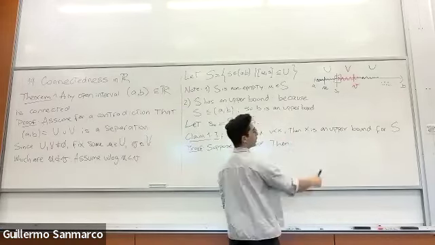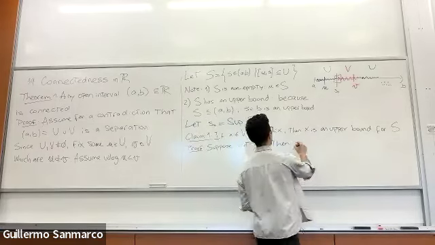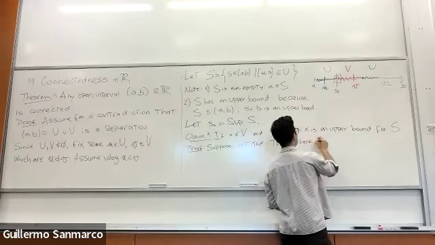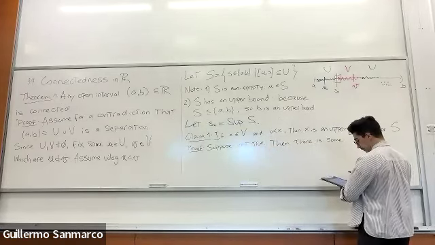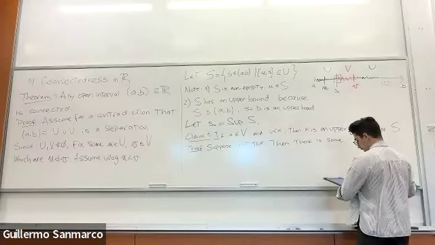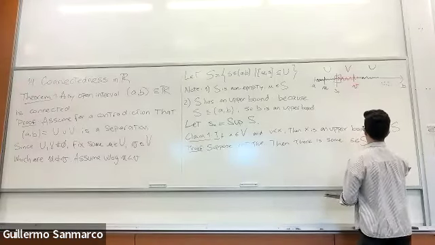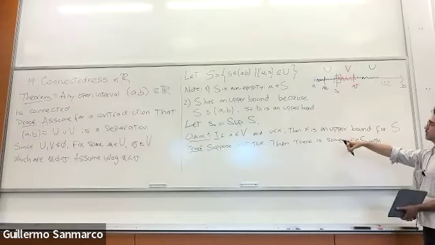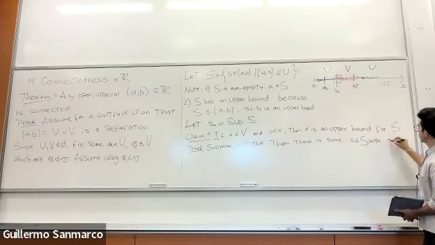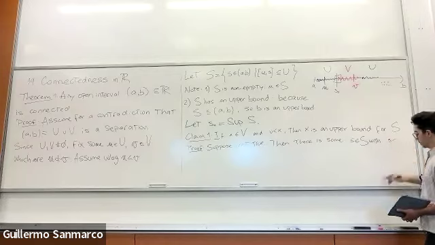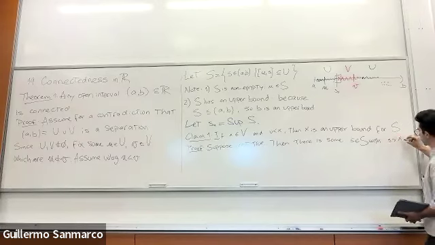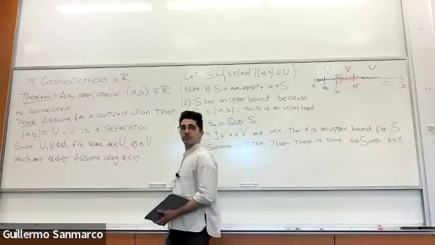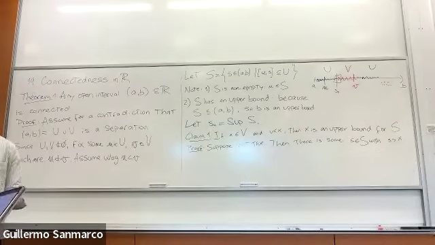Then if x is not an upper bound, there is some point. Let's call it s, which is bigger than x for some s in S. That's what it means for x to not be an upper bound. There's something inside that's bigger than it.